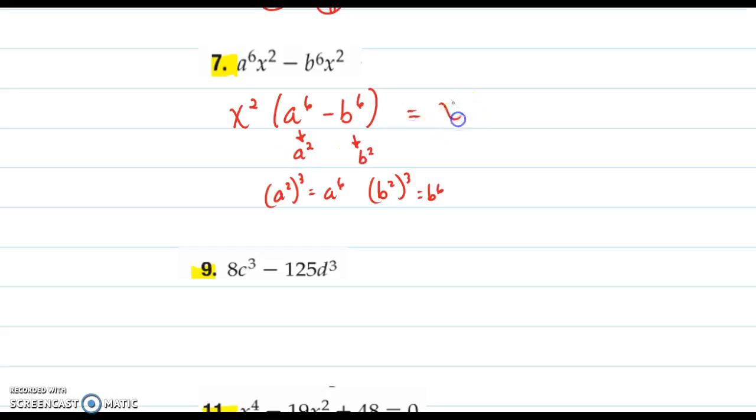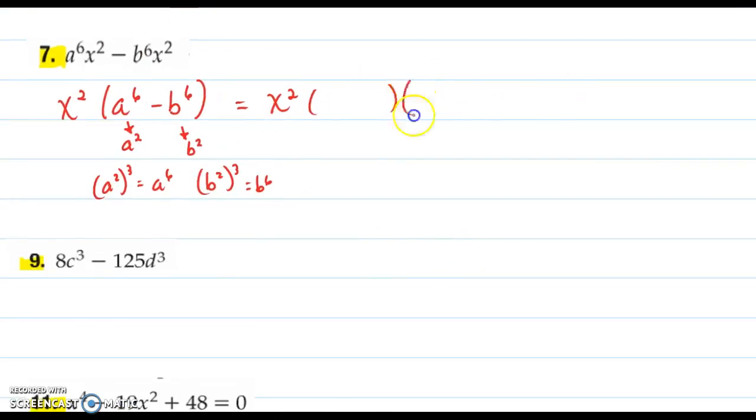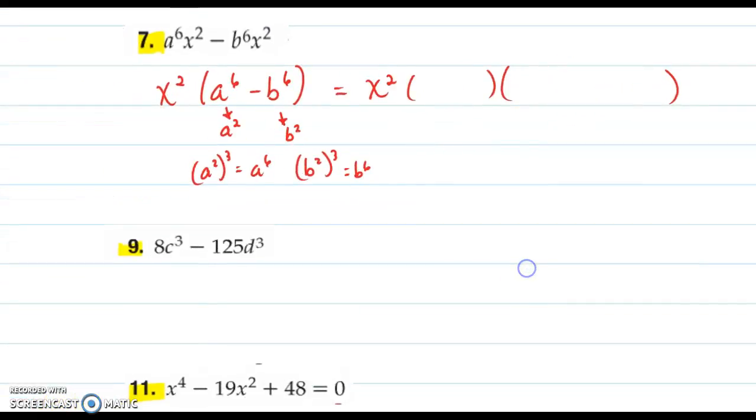So x squared is hanging out. I have a small set of parentheses and a longer set of parentheses. So I put my roots in first, a squared, b squared. Then I square those. And what happens when I square a squared? I get a to the 4th. And when I square b squared, I get b to the 4th.